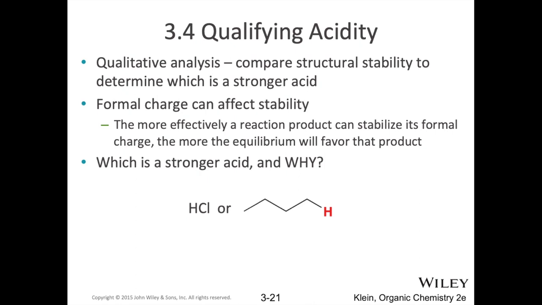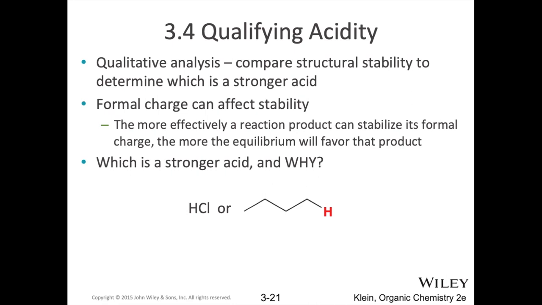Okay, and there's also kind of a checklist or hierarchy or flowchart to figuring this out. A way to troubleshoot at what point do I see a difference between these two molecules, and how does this difference mean that this molecule is a better acid or this one's a better base? Okay, so let's have a look at each of those.